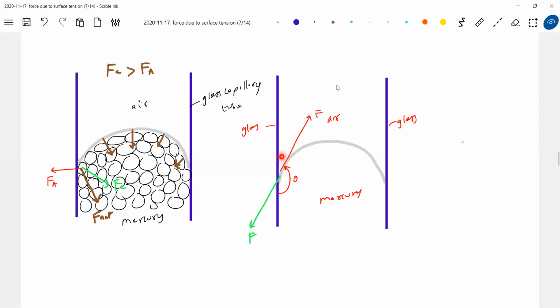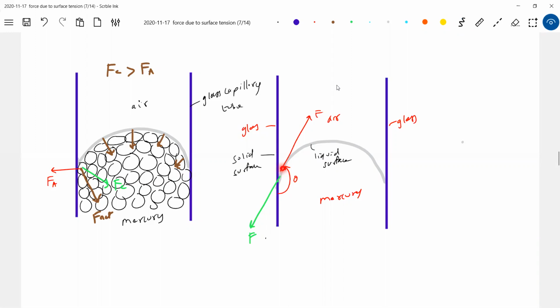So this is not the angle of contact here. There's a solid surface. This is a liquid, no? And there's a solid. So it is defined, no?